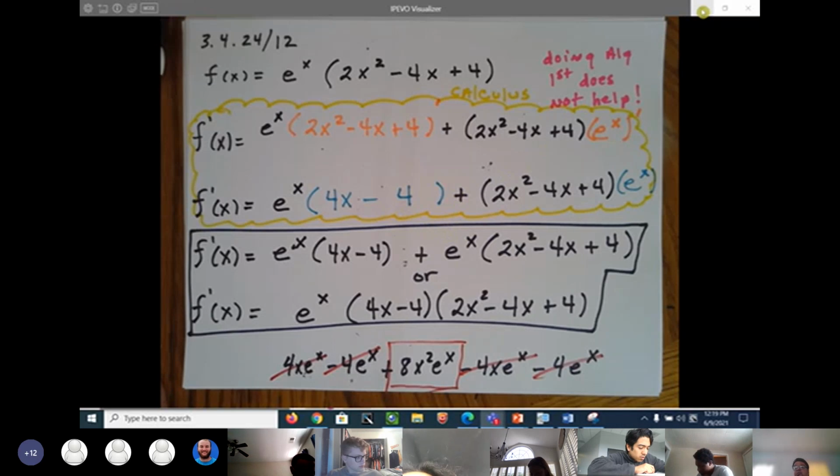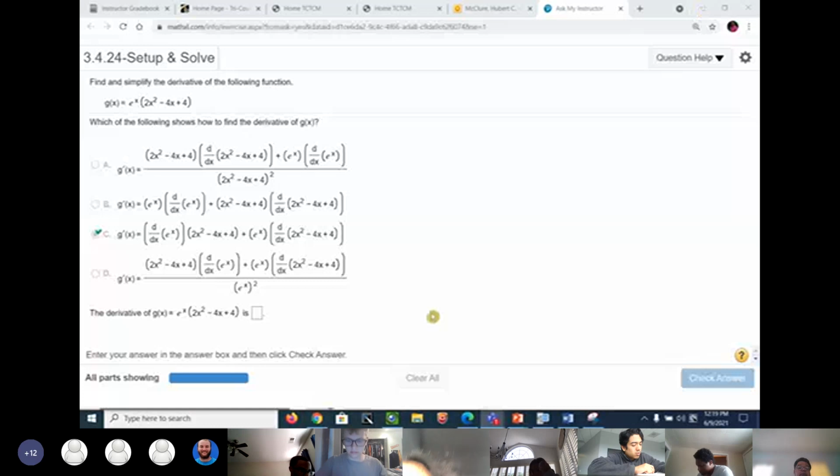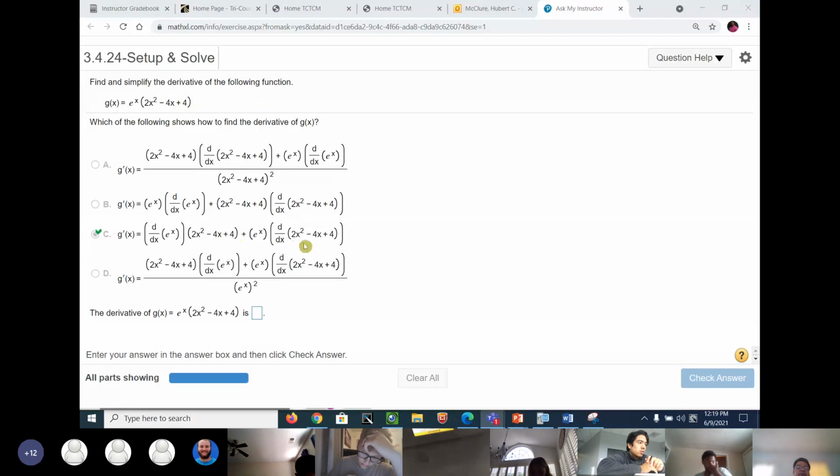So let's see what they want. Yep, they do. They want the setup, and then they want the answer. So I just showed you the setup. There's the setup. First times the derivative of the second plus second times the derivative of the first. Now they did it a little bit different way, but it's the same thing.